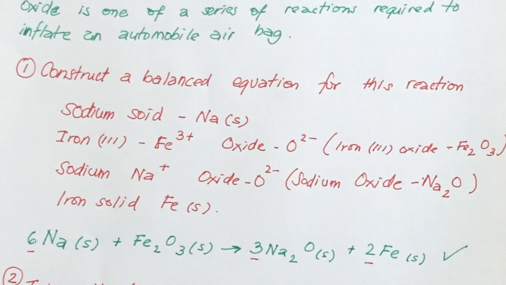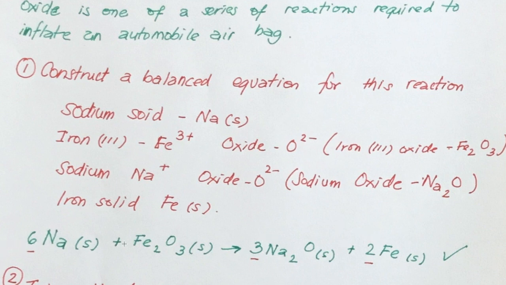So with your balanced equation, what does that really mean? It means that in general, when this reaction happens and all of the sodium reacts with all of the iron 3 oxide, then for every 6 moles of sodium, you are going to get 1 mole of iron 3 oxide reacting with it to produce 3 moles of sodium oxide and 2 moles of iron. 6 moles plus 1 mole gives 3 moles and 2 moles.